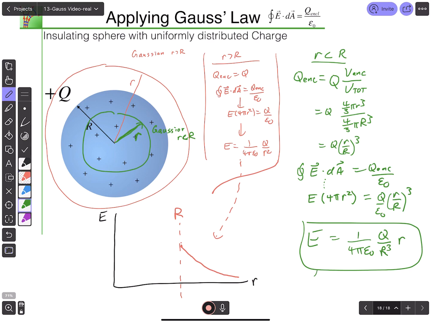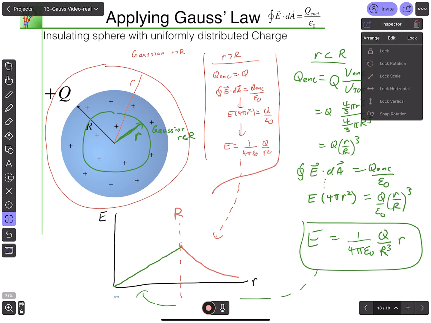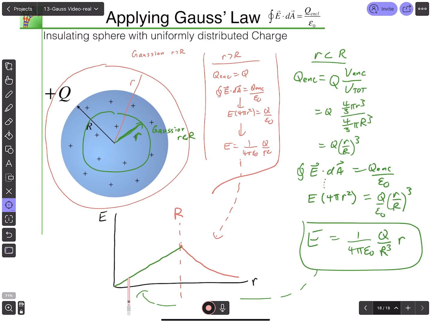Now when we're inside, we're going to use this equation, and you see that it's a linear equation. It increases linearly as r. So inside the sphere, the electric field increases as you're enclosing more and more charge. Then once I get to the surface of the sphere, the electric field starts to get weaker as I get further away from the charge. Neat.